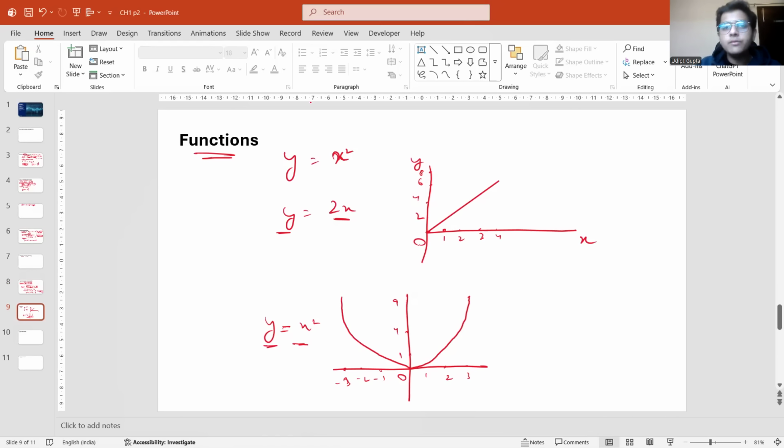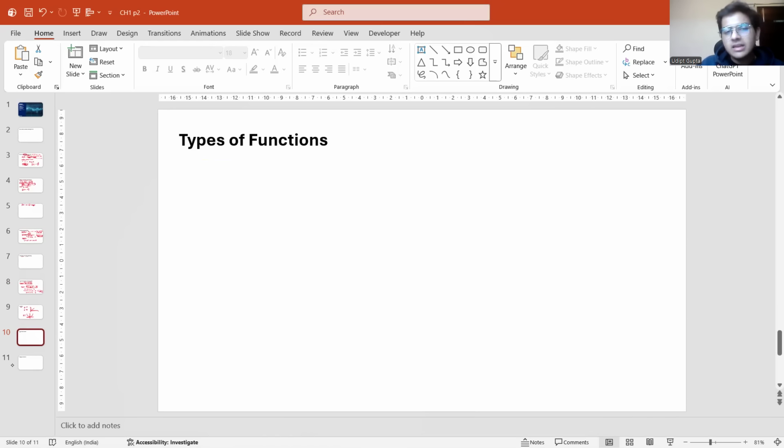A function is mapping one variable onto the other. Now, what are the types of functions that are used in FRM, or in quant finance? So we have linear functions and we have non-linear functions. What is linear?